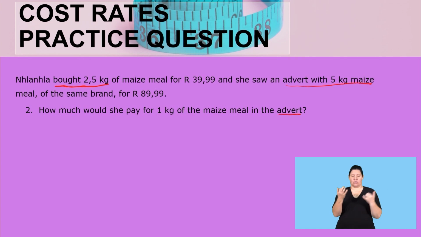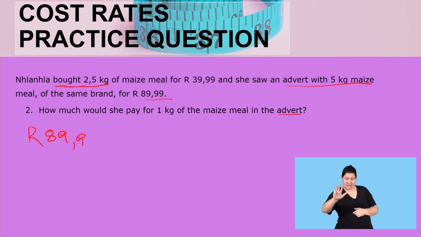So now let us calculate. For us to calculate the cost of 1 kg on the advert, we are going to take the price which is on the advert. Remember, when we calculate the amount, we are taking the cost now. It's going to be 89.99.